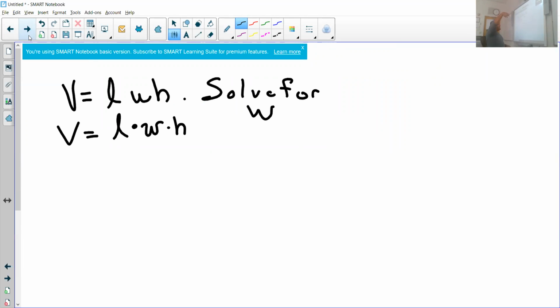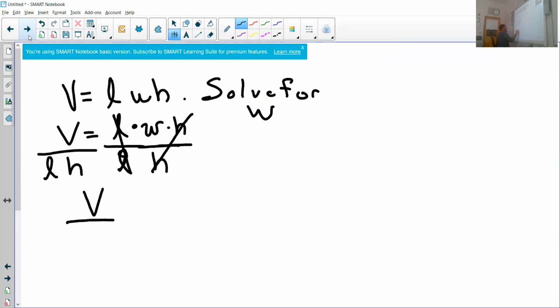So to get rid of both of those things that are being multiplied, we're going to divide. So I'm going to divide by L and divide by H, which means over here, I'm going to divide by L and H. The L's cross out here, the H's cross out here. What I'm left with is V over LH equals W.